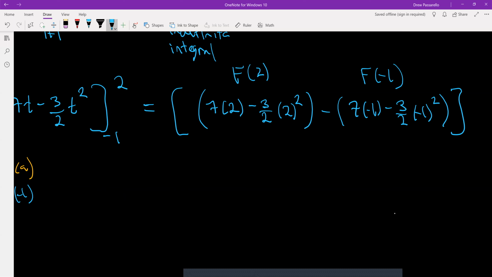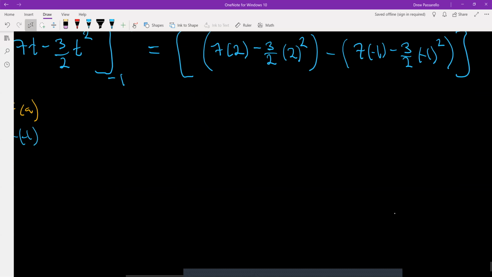All right, so for the simplifying, let's see, so 3 halves, I'm timesing that by 4. So then that's going to be 6. So 14 minus 6.